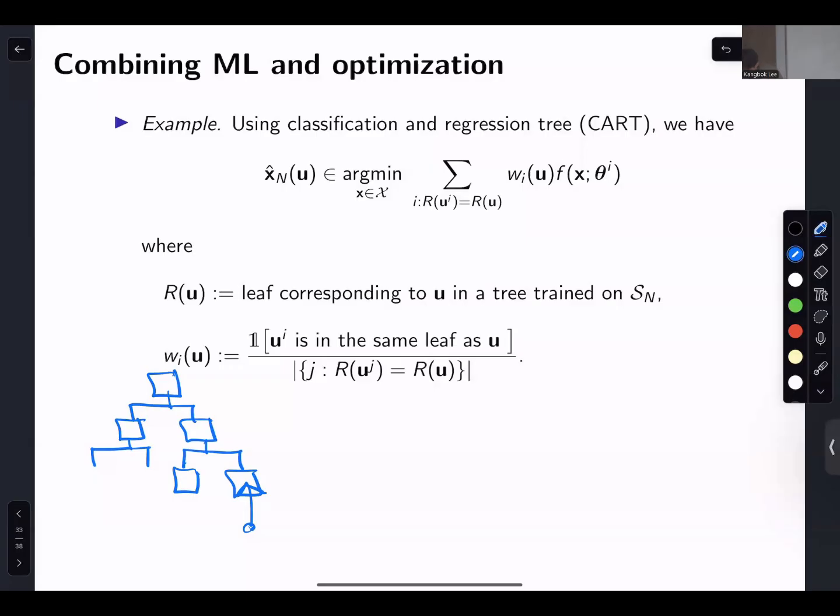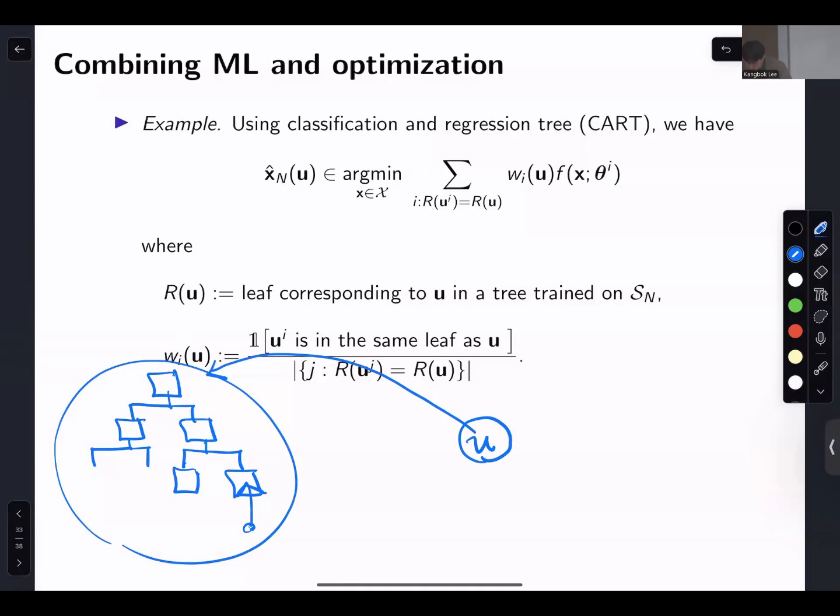And what that means is you receive a new context that is you. Okay, and there's this decision tree that has already been trained to classify your U data. Then you basically plug this into your decision tree, you follow the tree, and eventually you'll be in one of the leaves, and you look at other context parameters, U1, U2, U9, U11, that belong to the same leaf, okay?